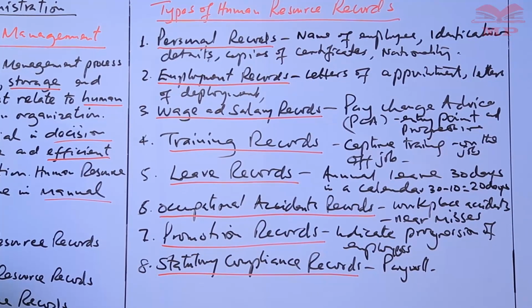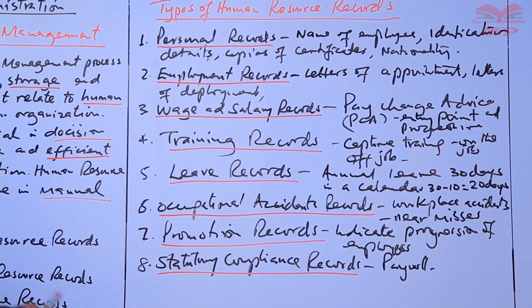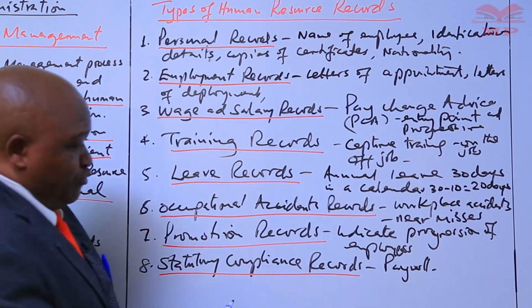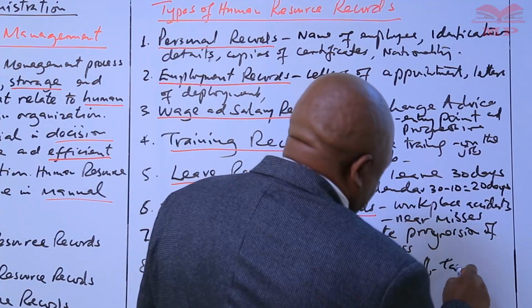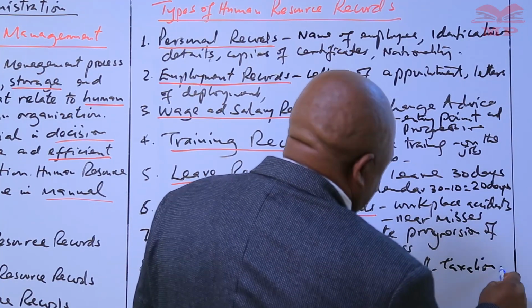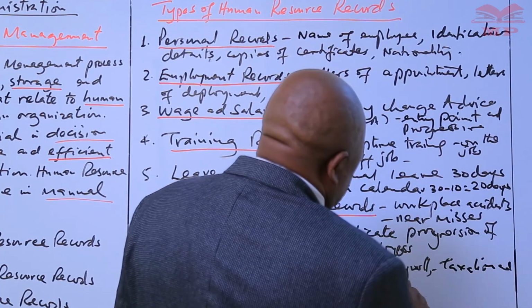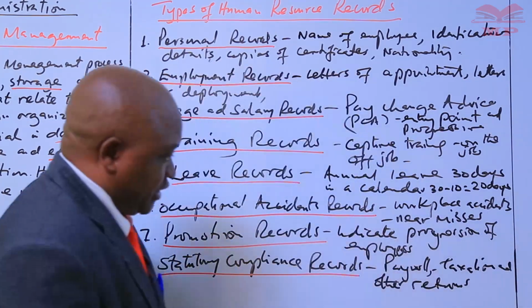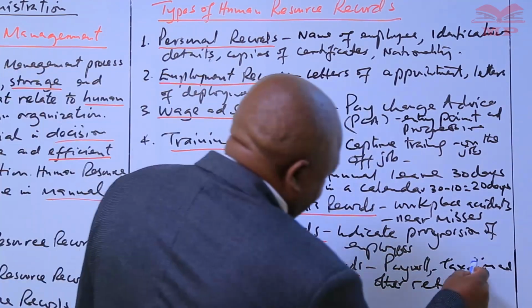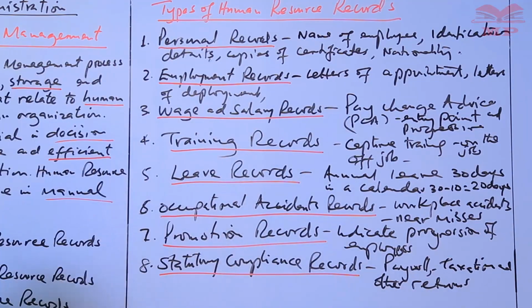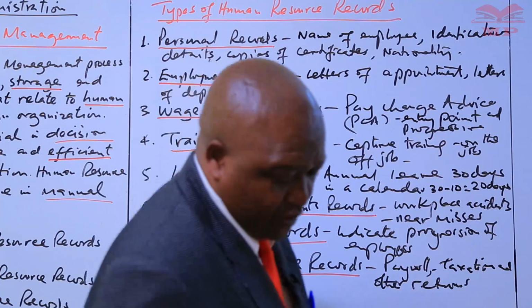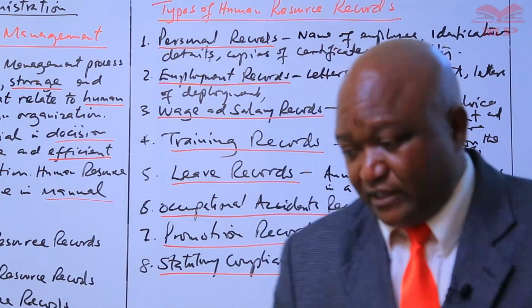So you would expect within the Human Resource Department or registry, you have statutory requirement records on the payroll. You may also have records on taxation and other statutory returns. So these records may be stored as a result of the compliance required in any given organization.